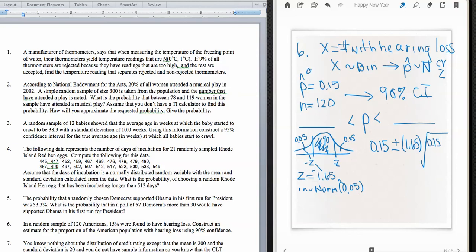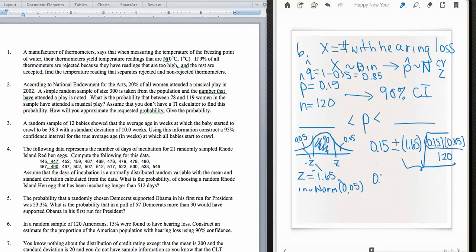Q-hat, remember, is equal to 1 minus 0.15 or 0.85. So that's our q-hat. So we're going to multiply this by 0.85, and then we divide that by our n, which is 120. And that's going to give us over here our margin of error.